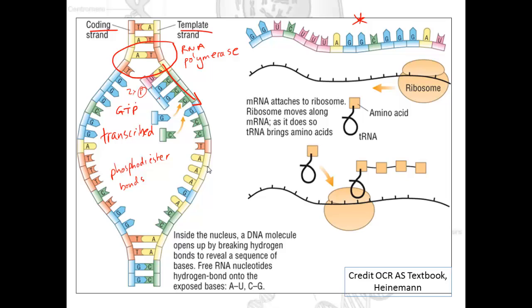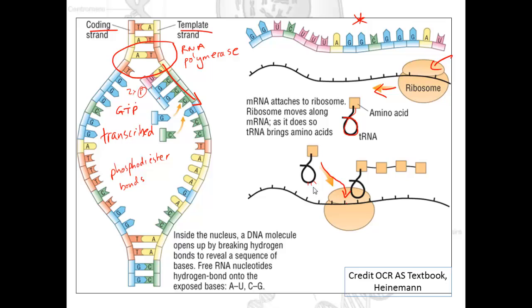So this mRNA, what happens now is that this ribosome here binds onto the mRNA, and our ribosome chugs along in this direction. And as it chugs along, a tRNA comes in and binds to the mRNA.